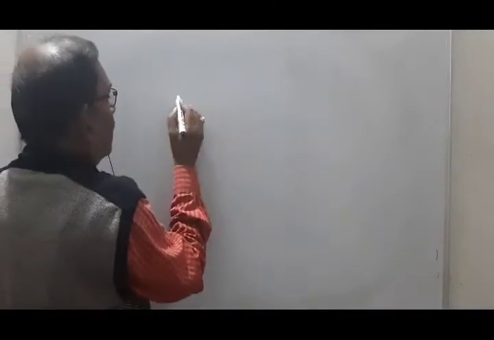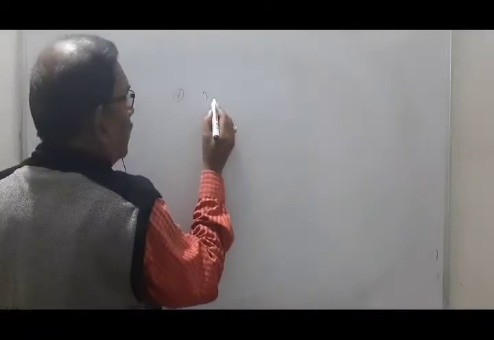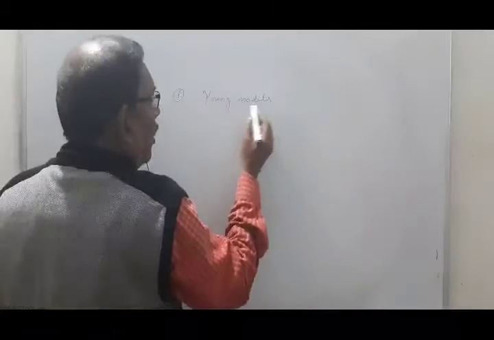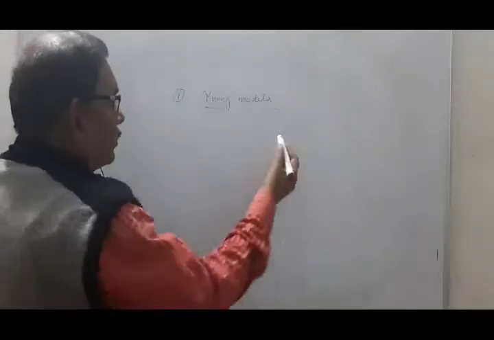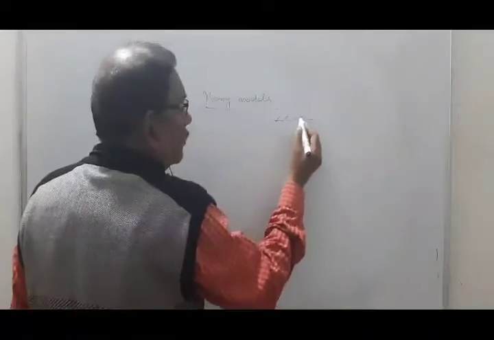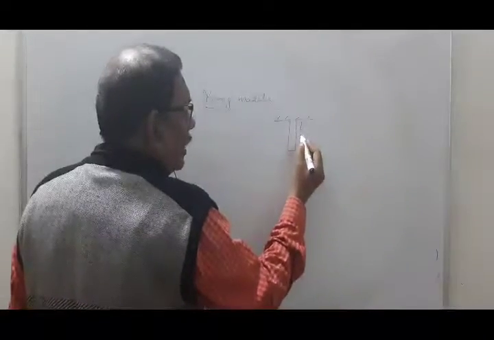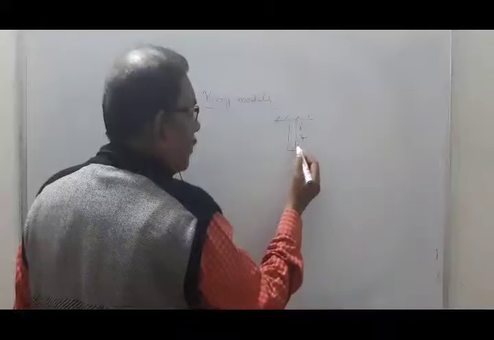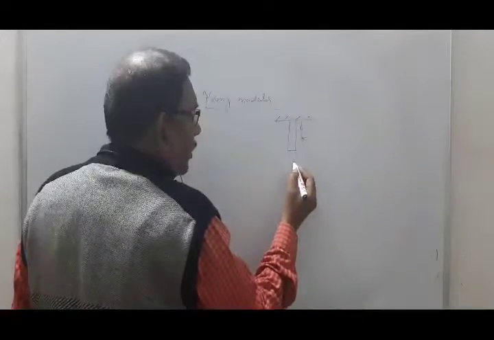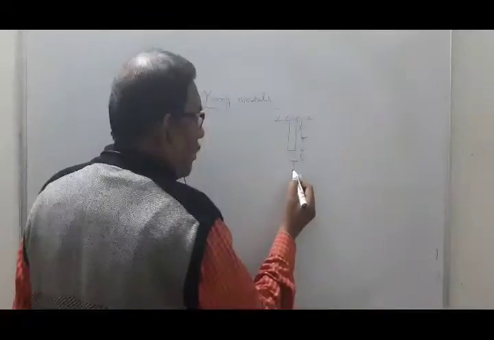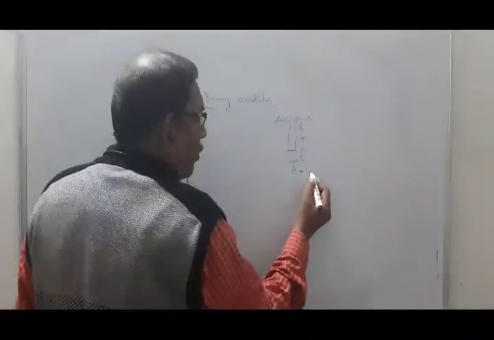First one is Young modulus. A wire of original length L is extended by a weight mg.